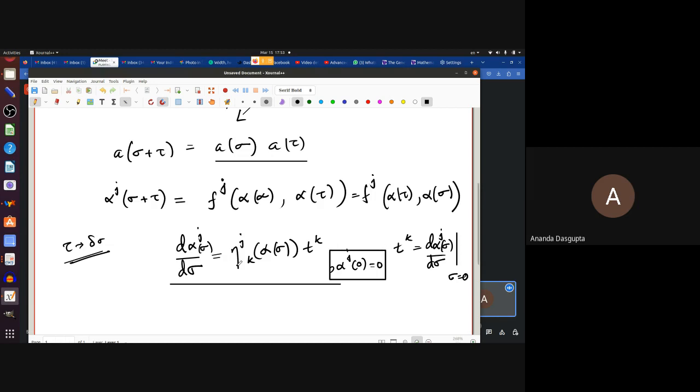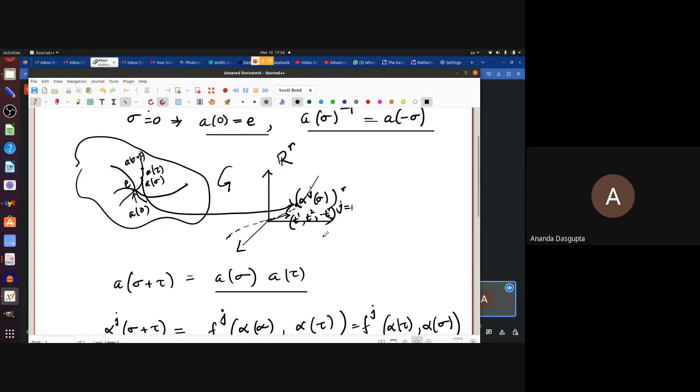So starting with this initial condition and this differential equation, for a given t, that is for a given bunch of r real numbers t1, t2, tr, you should be able to get an alpha j sigma. As sigma changes, you change your t to something else. Maybe you change your t to this. Then you are going to get another curve which is tangent to this line at the origin again.